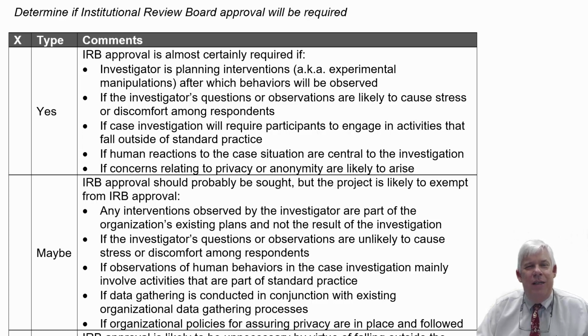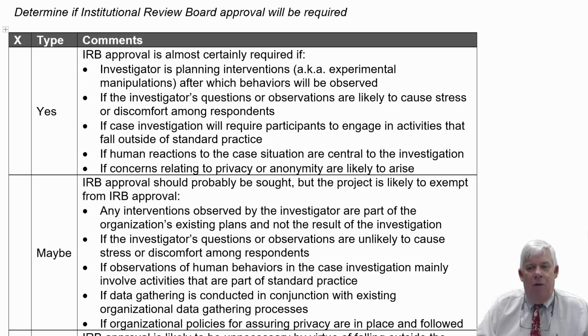So as long as it's part of the normal rhythm of the organization, the IRB is likely to exempt it from requirements that you do very specific things, which are likely to be present if IRB oversight is required.